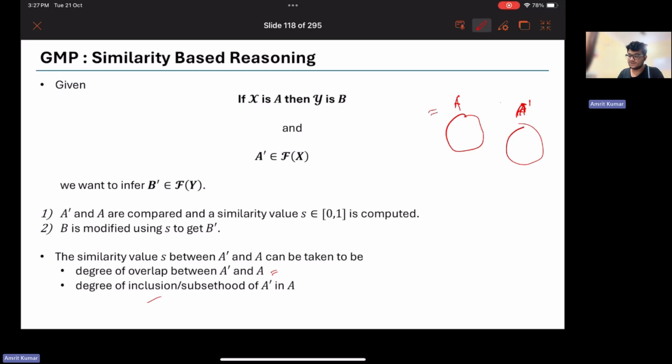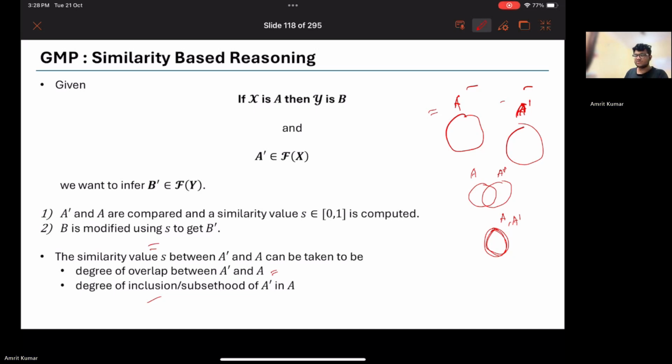So fuzzy set A will definitely not look like this. For a moment, assume that these are crisp sets, A and A dash. Now, if they are disjoint, that is, they don't share any overlap, then it is safe to say that A dash and A are not similar at all. However, when A and A dash share an overlap, then intuitively it makes sense to say that A and A dash are similar to some extent. And when A and A dash completely overlap, then it makes sense that they are completely similar, or similar to extent one.